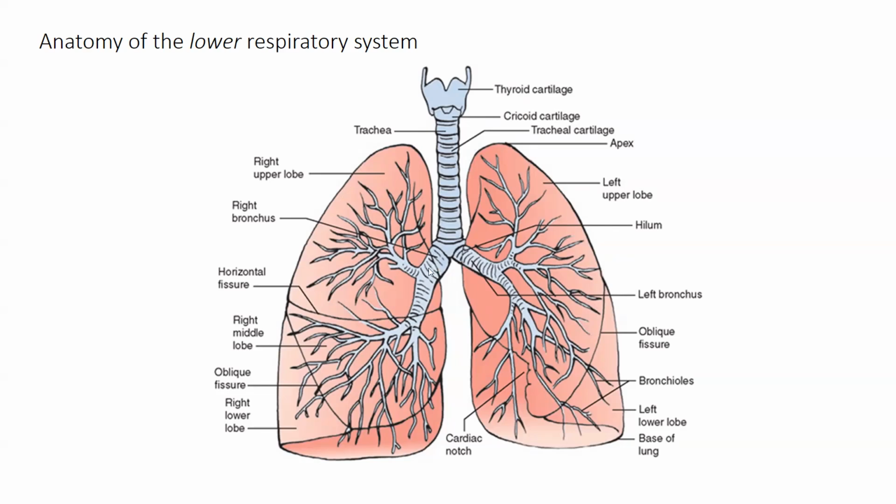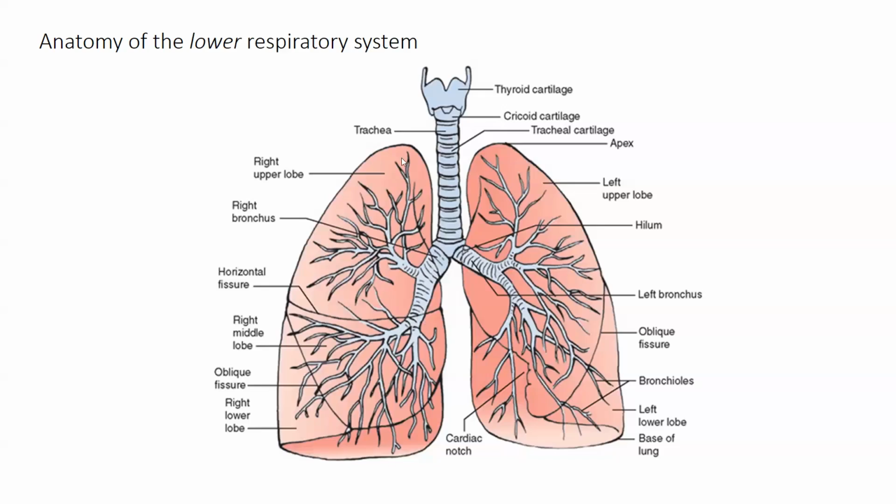Those bronchi will then split into secondary bronchi, and those will branch into tertiary and on down into smaller and smaller airways. The very smallest airways are referred to as bronchioles. If you remember, that suffix oles makes the root small. So if the root is bronch, this is a small bronchus.